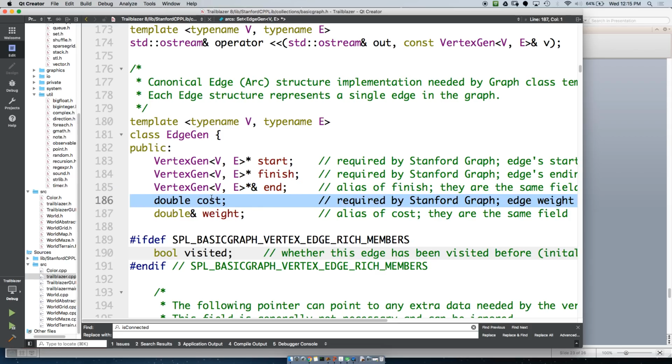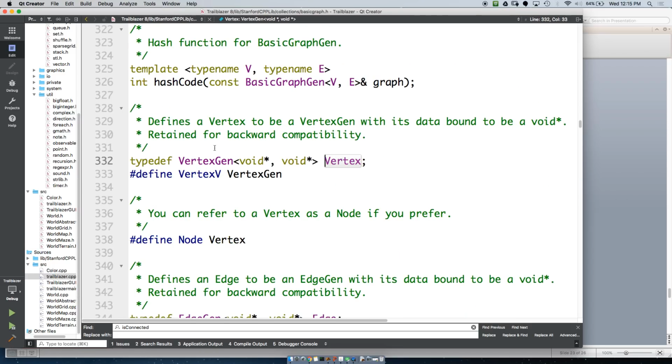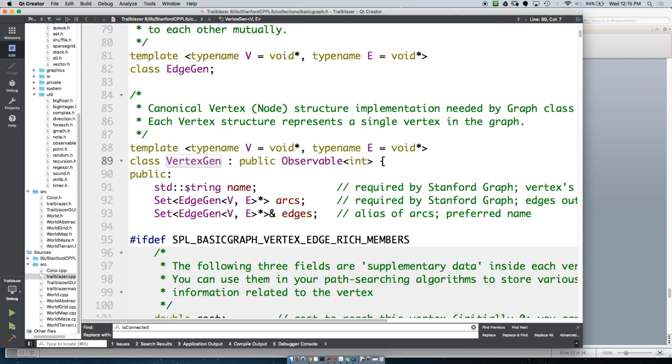It also stores a weight, like we talked about for weighted graphs. And then vertex has the name of the vertex and the set of edges that lead out from that vertex. That's how you get the neighbors really easily: you go through each of those edges and find the endpoint. Actually, these are both classes, to answer your question.